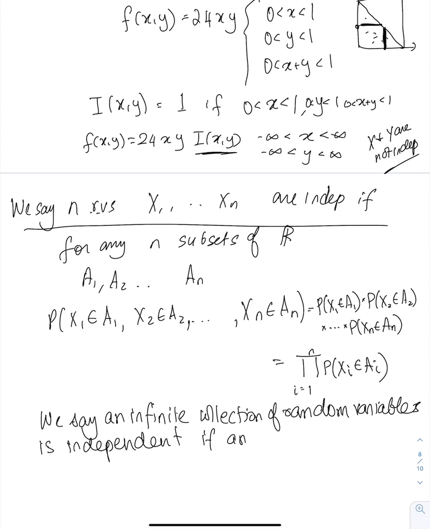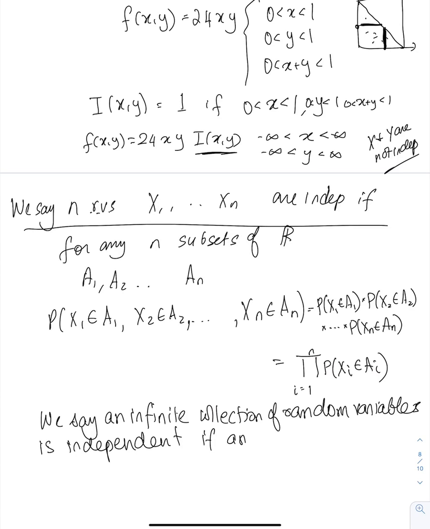Processes are indexed by time, so x sub t is the process for time t, x sub r is the process for time r, and you often have x sub r independent of x sub t for all r and t. But you can also consider more than 2 random variables, x sub r and x sub s.